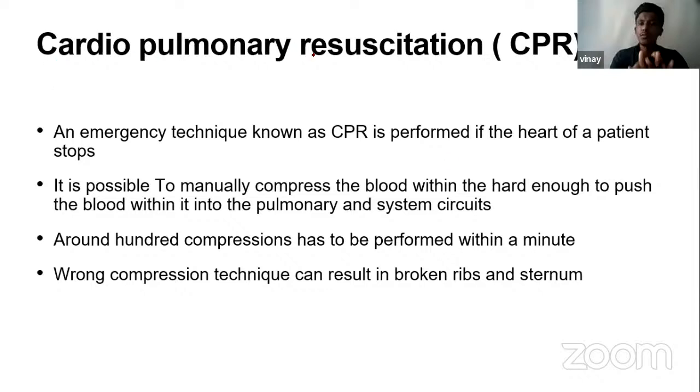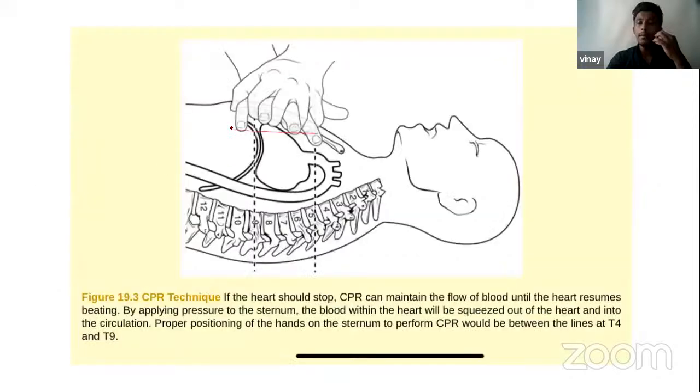Cardio means heart, pulmonary means lungs, resuscitation means we need to pump the blood from the heart to the lungs, okay, and from the lungs to the brain so that the person wakes up and gets okay. So the CPR is performed in a patient whose heart has stopped. While performing the CPR technique, usually it is suggested that you place your hand between the T4 and the T9 of the thoracic vertebrae.